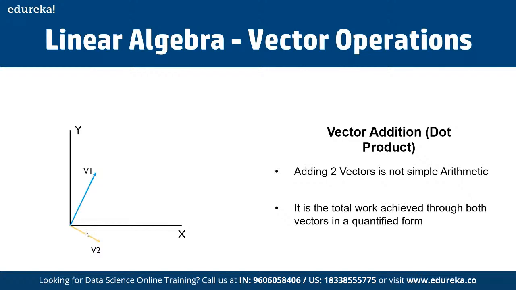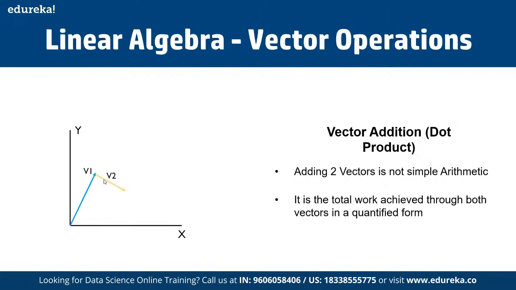For example, if v1 has the value 1, 2 and we define the value for v2 as 1, minus 1, then for the x and y axis respectively, the effective v1 plus v2 will have the value 2, 1, right? So v1 plus v2 is going to add the scalar values of the vectors, and this is also called the dot product.